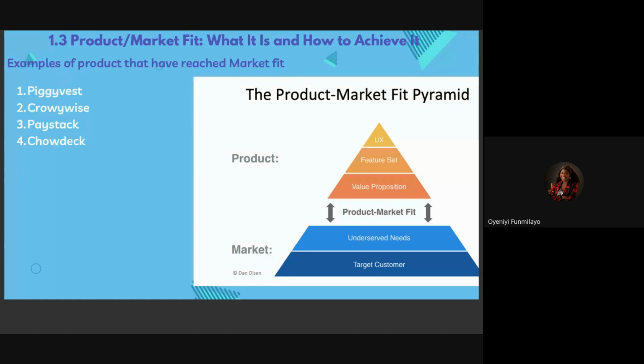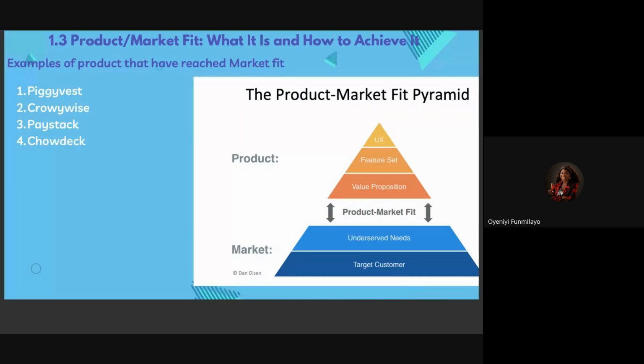So examples of products that have reached market fit are these Nigerian products: Piggyvest, Carrywise, Paystack, and Chowdeck. So this is how your product market fit pyramid looks, from the top to the bottom, right? UX means user experience.